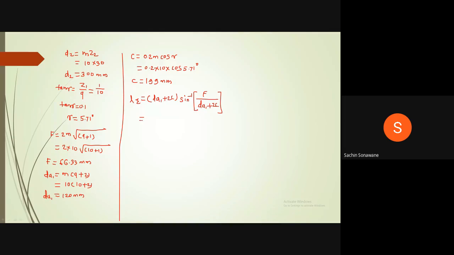Therefore, this is equal to 120 plus 2 into 1.99 into sine inverse of 66.33 divided by DA1, that is 120 plus 2 into 1.99. Therefore, calculate this value.